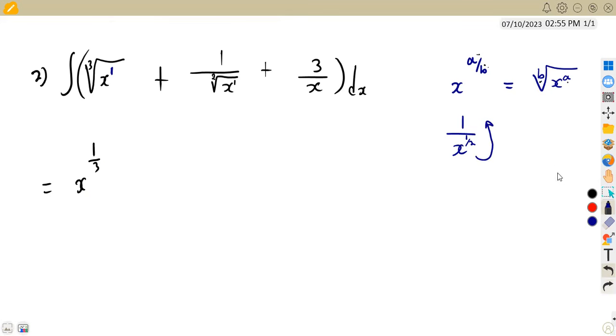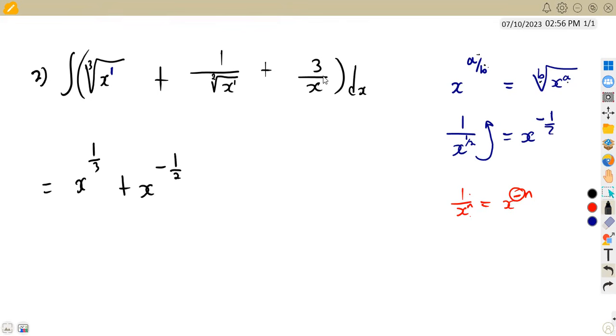We introduce the concept that 1 over x to the exponent of n is the same as x to the exponent of negative n. To remove a negative exponent, it's 1 over. This is from our laws of exponents. So this is going to carry a negative exponent. That's plus x to the exponent of minus a half.